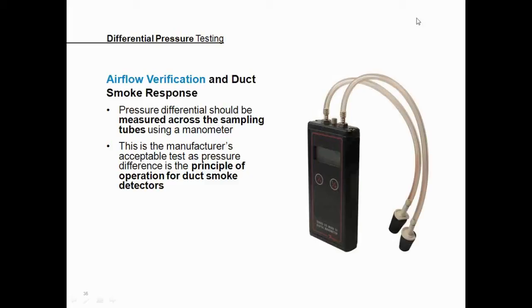So System Sensor recommends conducting this test as it tests the principal operation of duct smoke detectors. If there's any interest in learning more about differential pressure testing, we do offer a test guide that is available on our website.